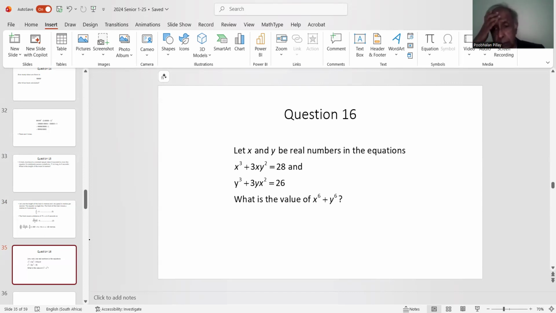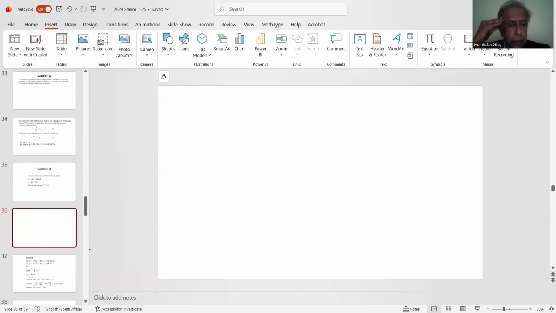All right, so let me see if I left a page for this. I have been leaving spaces. Yeah, okay, I've got a space for this. Let's repeat these equations.